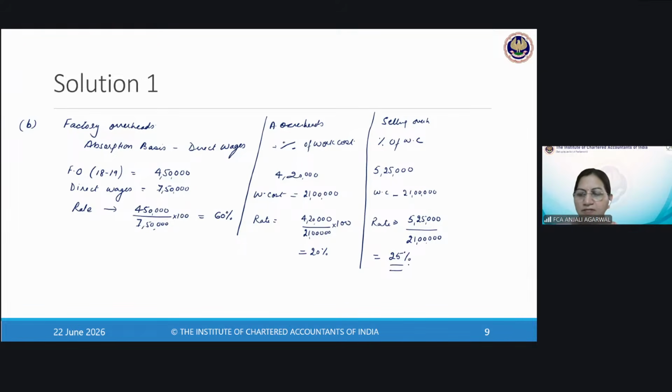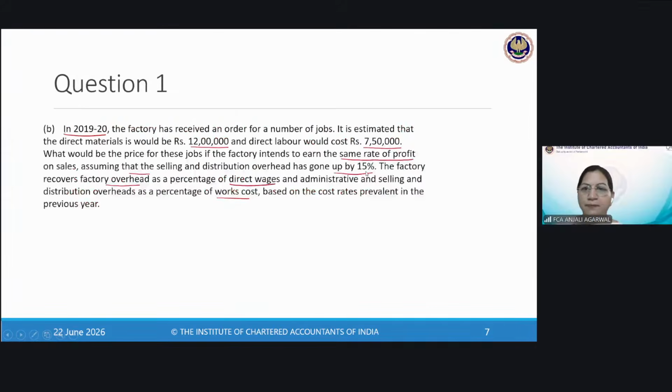So we have established the three rates, right? Factory overheads are 60% of direct wages. Administration overheads are 20% of works cost, and selling overheads are 25% of the works cost. But you will see that the selling overheads have increased, right?